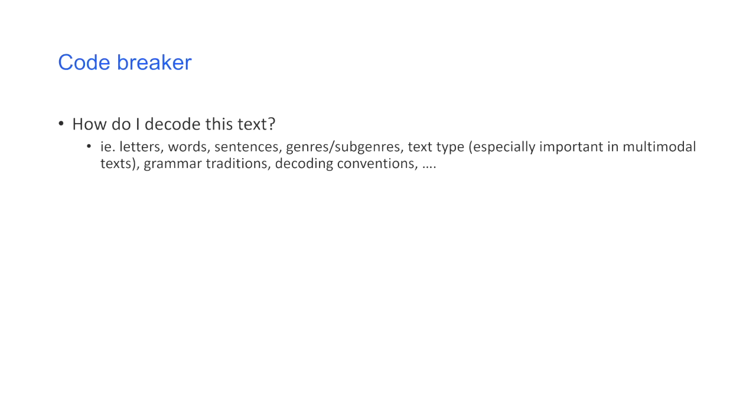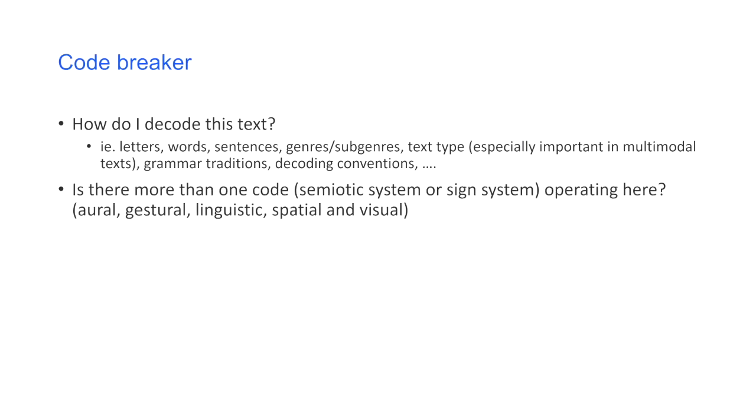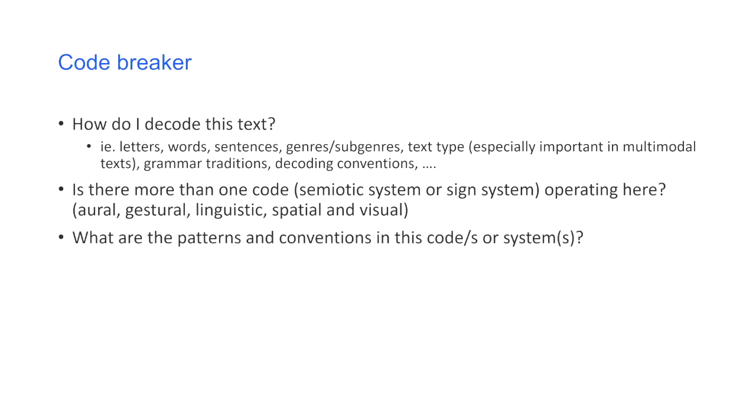We were trying to work out what on earth that was doing, what conventions governed or shaped its construction and its use. So code breaking, how do we decode the text? Is there more than one code? Or, if you like, more than one semiotic system or sign system? Is it oral, gestural, linguistic, spatial or visual, for example? What are the patterns and conventions in this code?